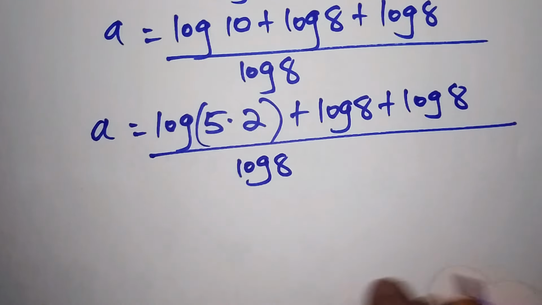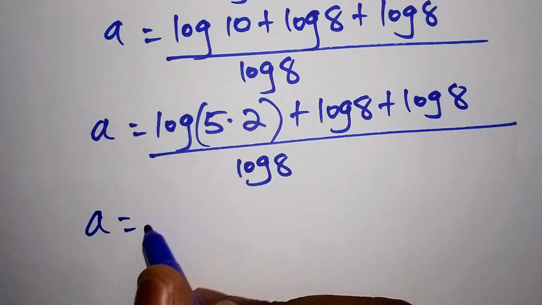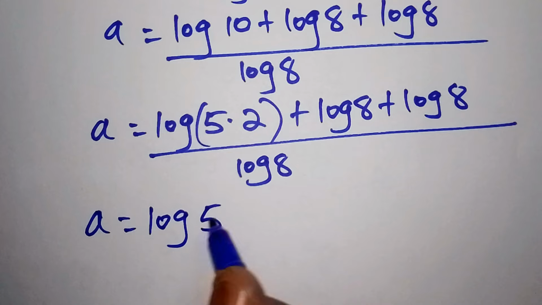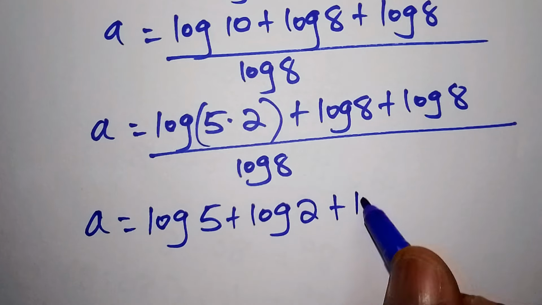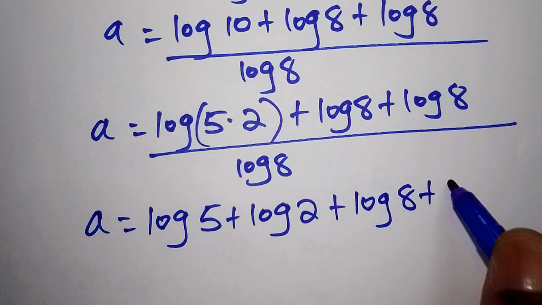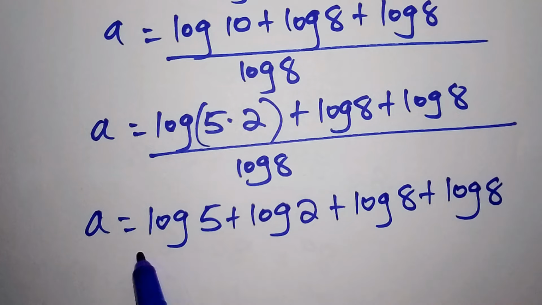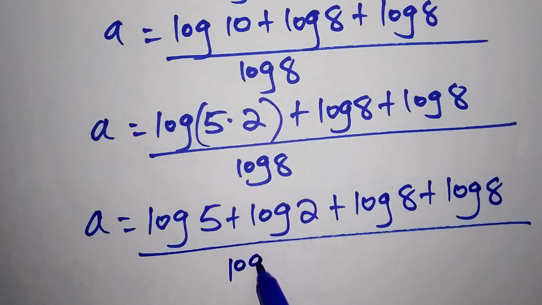Then next a is equals to the log of 5, plus the log of 2, plus log 8, plus log 8, then all of this over the log of 8.